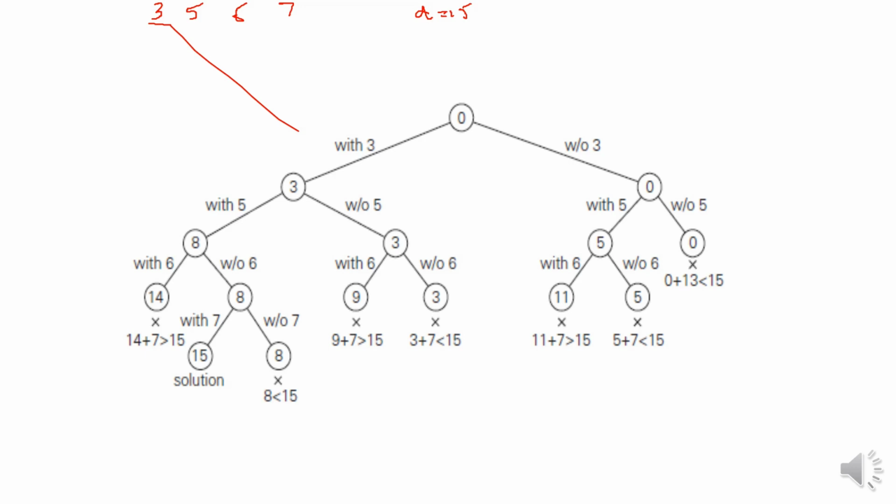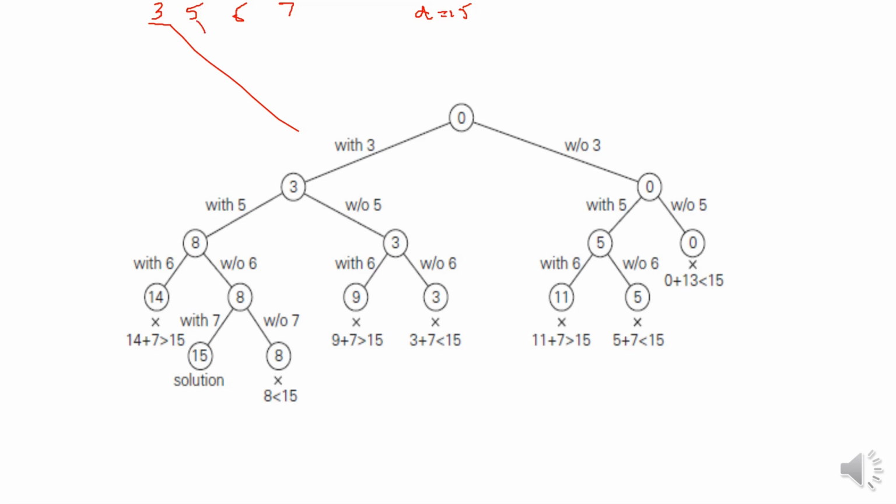Now this node is promising because if I expand this further, I may get a solution. Why? Because right now this sum is less than 15. I can still add more items from the set and see if I can get the value of 15. So the next possible element is element 5.